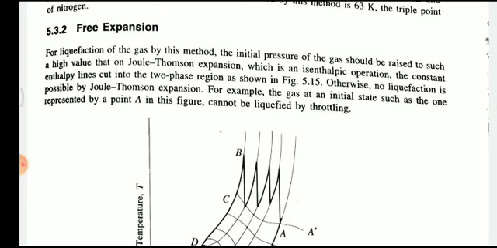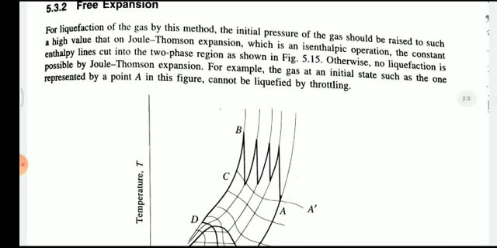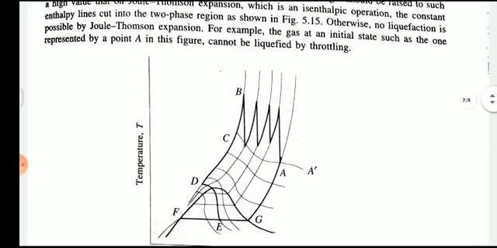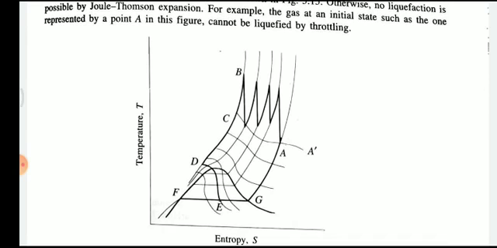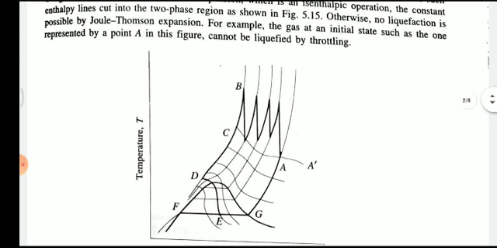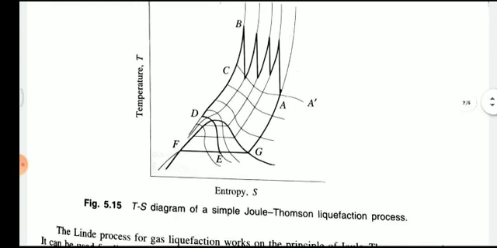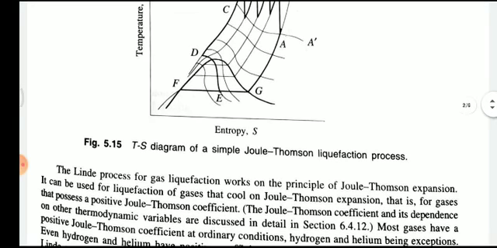For liquefaction, for example, gas at an initial state such as the one represented at point 1 in this figure, the gas is at its initial position and cannot be liquefied. Right, right now it is not liquefied. The linear process for liquefaction works on the principle of Joule-Thomson expansion.